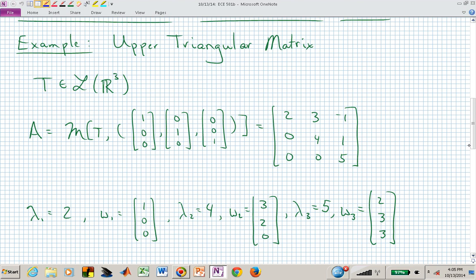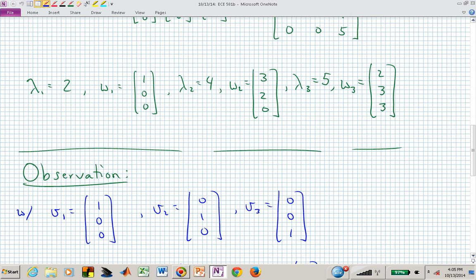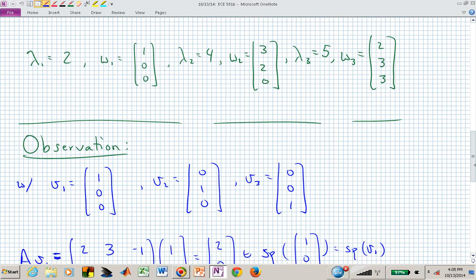Now we can actually look at this upper triangular matrix and see if, let's say, we operate on these three vectors, just our standard basis vectors, with that upper triangular matrix. Let's see what happens relative to where the output vector ends up.